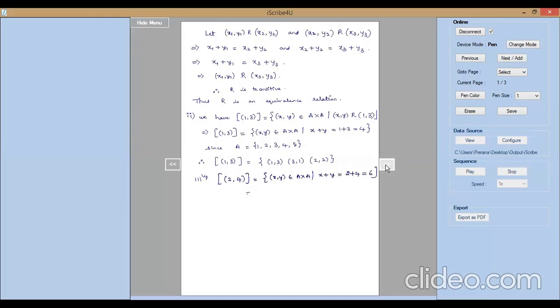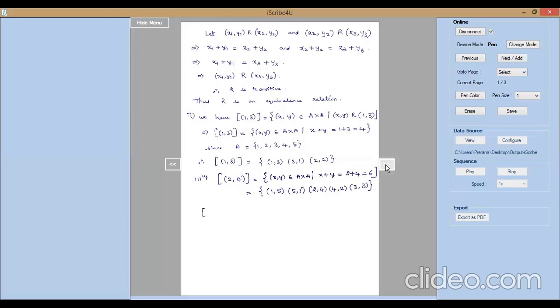So let us grab all those ordered pairs where the sum is equal to 6. That can be 1 comma 5, 5 comma 1. Immediately you can write the reverse one: 2, 4, 4, 2, and then finally 3 comma 3. That's all, no?